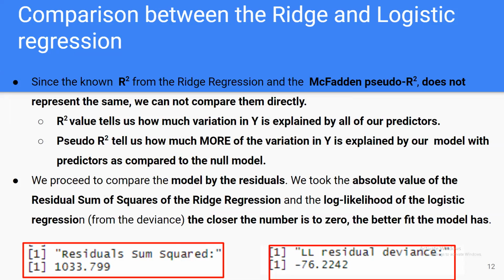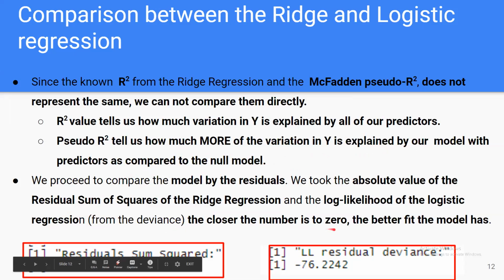Since this is the case, we need to compare the models by using the residuals of each model. We took the absolute value of the residual sum of squares from the Ridge regression that we have over here, and the log likelihood of the logistic regression from the deviance. The closer the number is to 0, the better the fit of the model. On the left, we have the Ridge regression residual sum of squares, which is 1033.7.